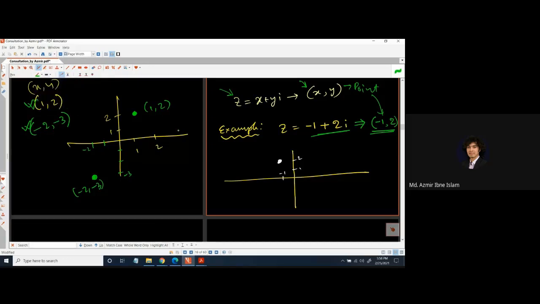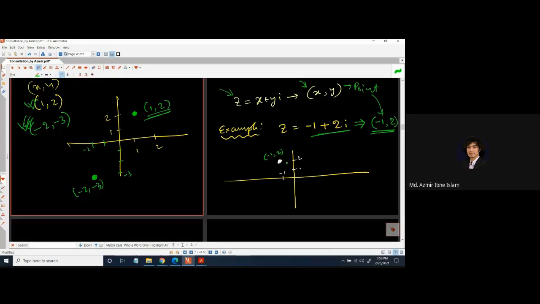So the point that we have found is representing the complex number -1 plus 2i. But since we are learning complex variables, there is no doubt that it is different from general thinking. So here we have the point (1, 2), and here we have (-1, 2).